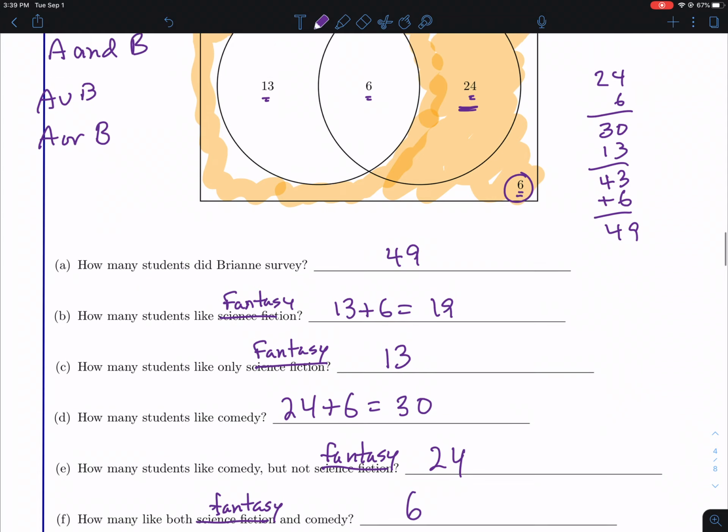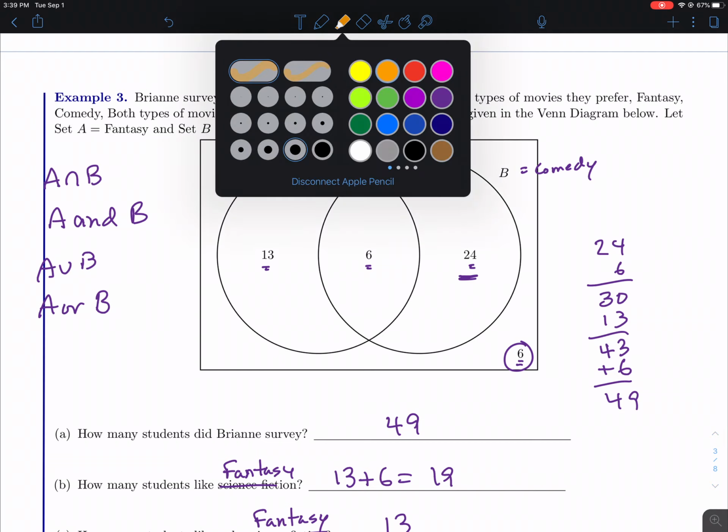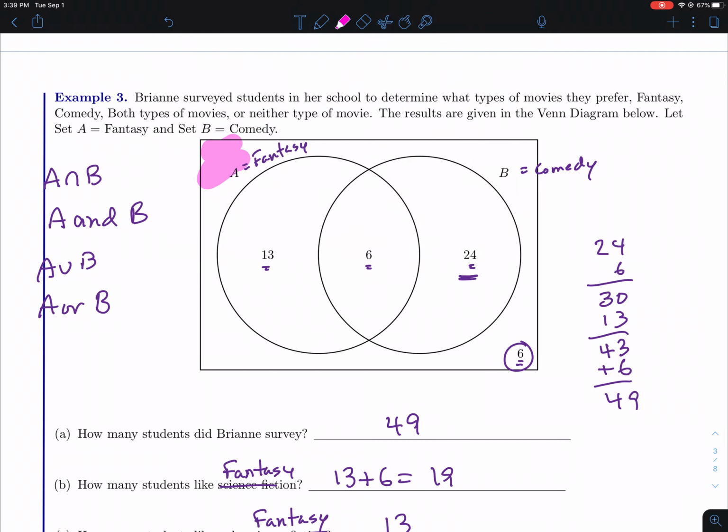And then finally, oops, forgot to read it. How many do not like comedy? So again, same thing. Let's clear this up. We want to do the same thing, but now the opposite. We want to shade in everything but comedy. So let's do pink. In this case, we can include this stuff in fantasy.